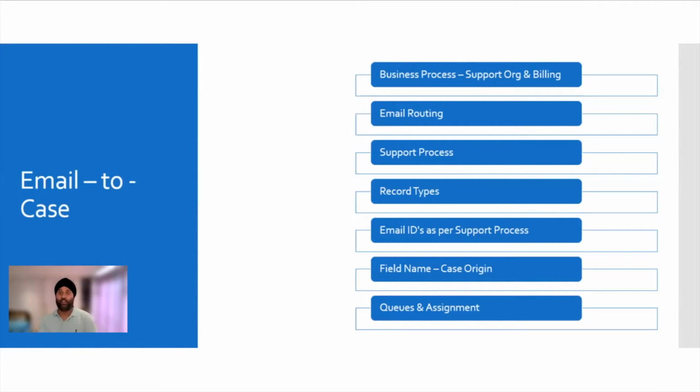These are just highlights for you guys. Two different departments is business process. Email routing, email automation, support process and record type are technical. Email IDs are business process. Field names are high level for you to understand. Queue is to manage the assignments.